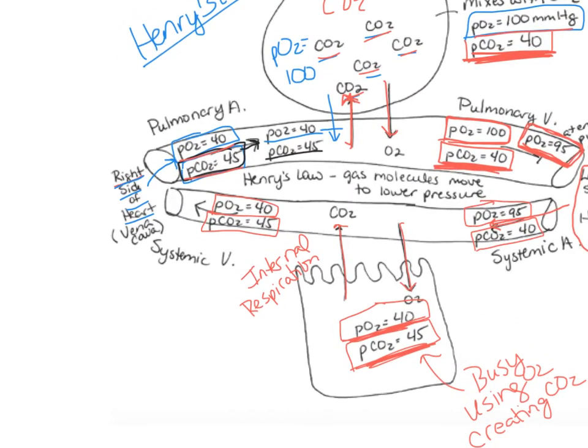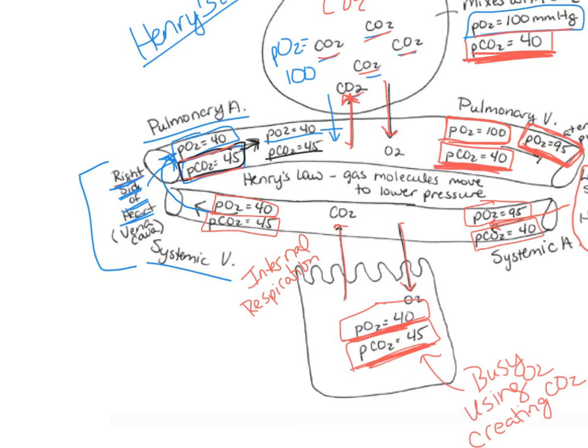They head back to the right side of the heart through the vena cava. And we start all over again. Nothing happens to the PO2 and the PCO2 as it goes through the heart and then into those pulmonary arteries. So it's going from systemic veins into the heart and then into the pulmonary arteries, and nothing happens to it, right?